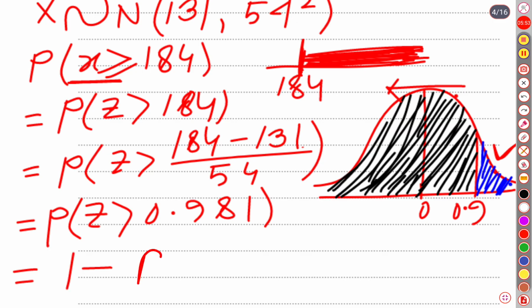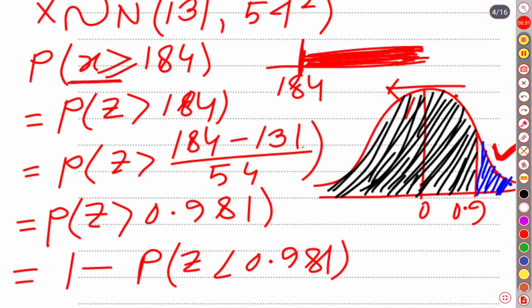From 1 we will just subtract the probability of the region which lies left of the z-score, z less than 0.981. Once again I am repeating that we are just subtracting the left region, for getting the tiny part lying on the right side of the z-score, because in the probability distribution table all the probabilities lie on the left side of the z-score.